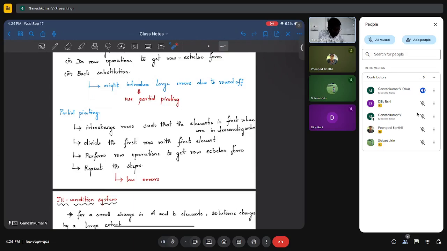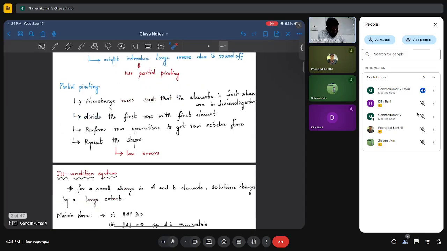Then divide the first row by the first element and perform row operations to get the row echelon form. You repeat this, and it leads to lower error. These are all because of the round-off errors that we talked about initially.